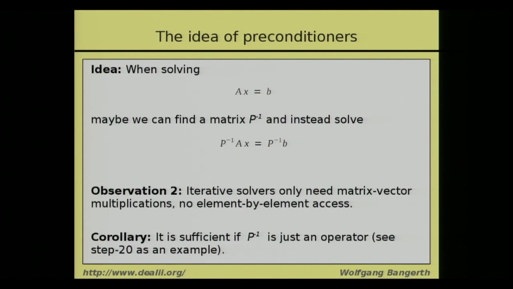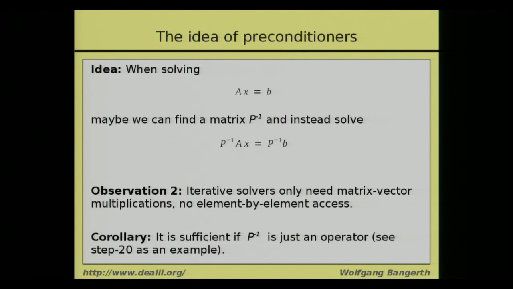How this multiplication actually happens is not important. And you've seen this in step 20, when we implemented all sorts of operators that have a vmult function. And in the vmult function, we didn't really multiply with individual elements of this matrix. In reality, for example, we multiplied with one matrix, we did a linear solve, we multiplied with something else, and so on and so forth.